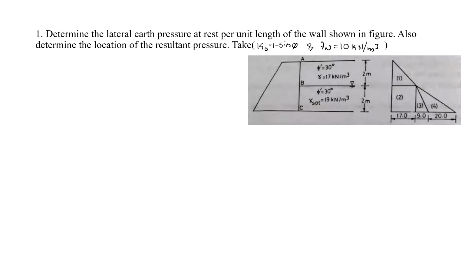For that we take K naught, the coefficient of earth pressure, equal to 1 minus sine phi, and gamma W is equal to 10 kilonewton per meter cube.